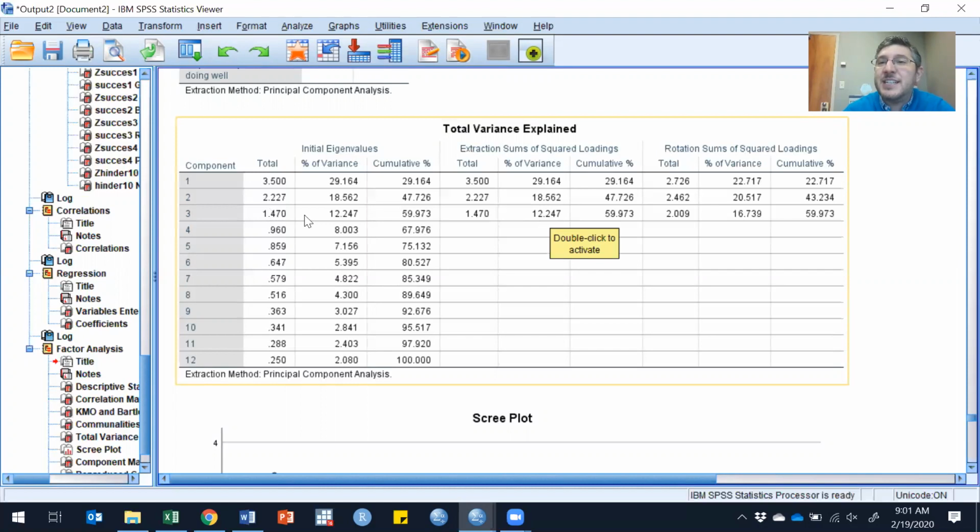In our syntax, we told SPSS to extract any factor or component, in this case, that has an eigenvalue greater than 1. So you see that it extracted 3 components because only 3 components have an eigenvalue greater than 1. That's known as Kaiser's rule for selecting the number of factors.